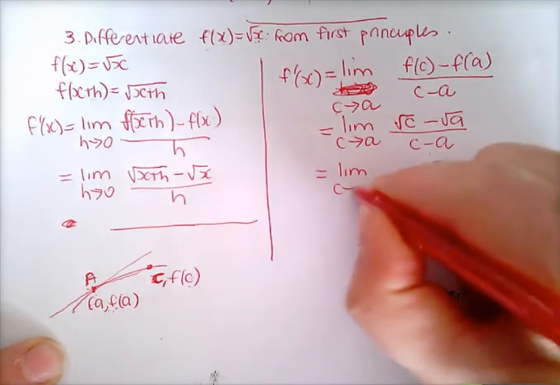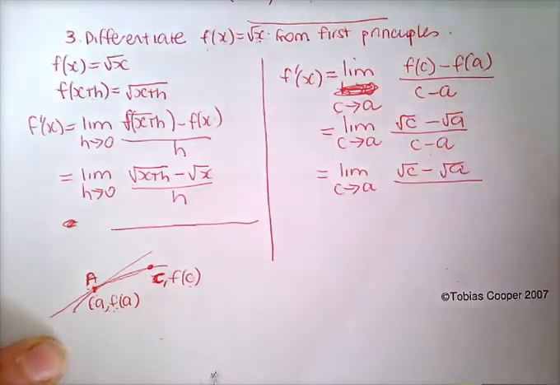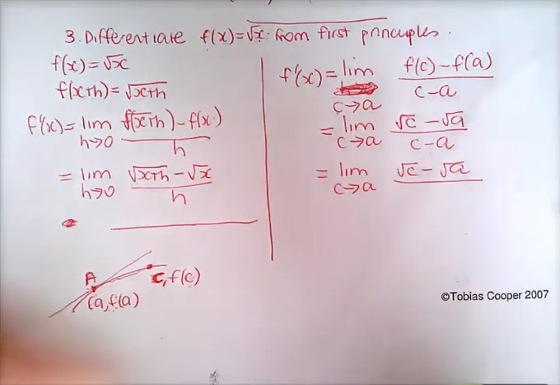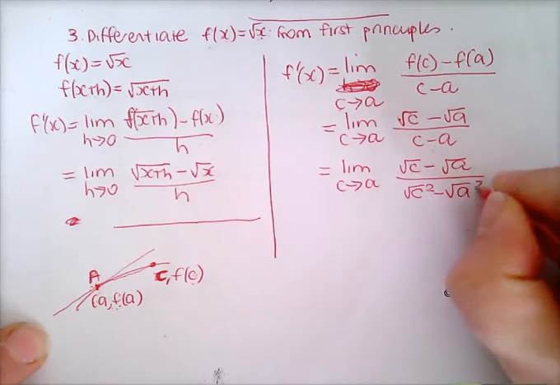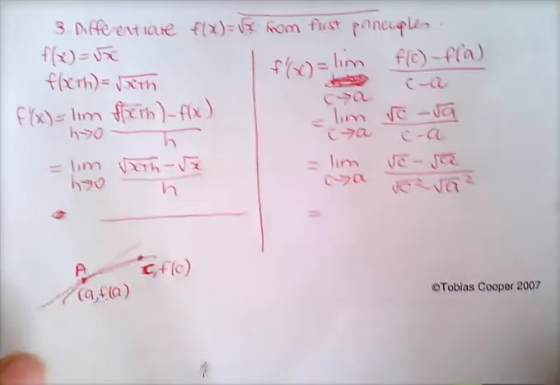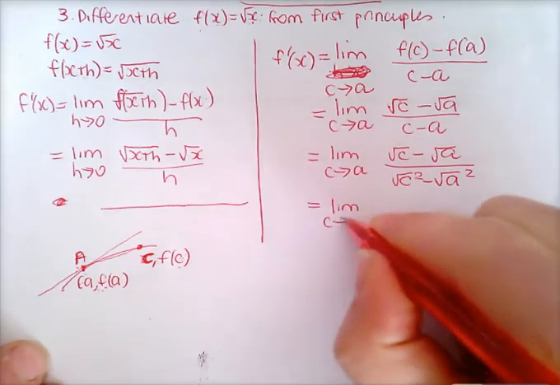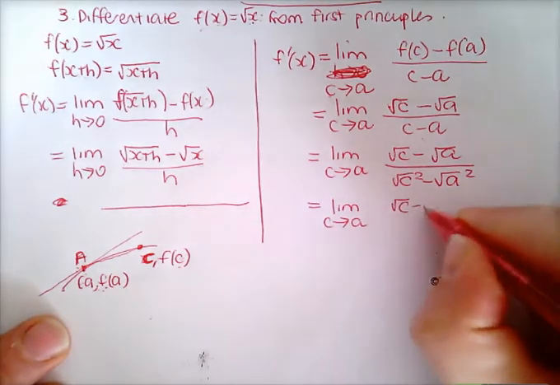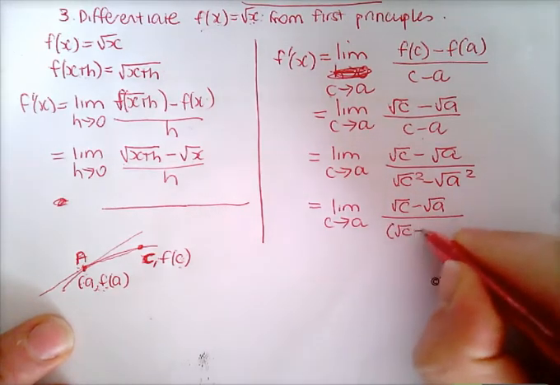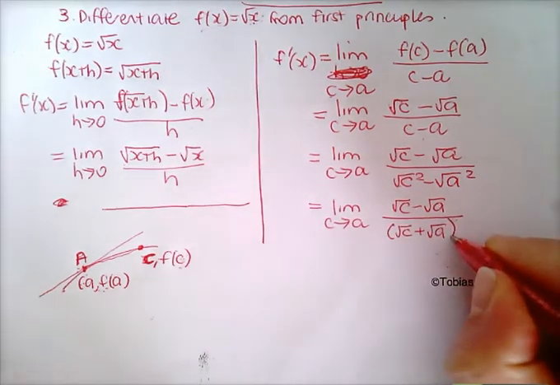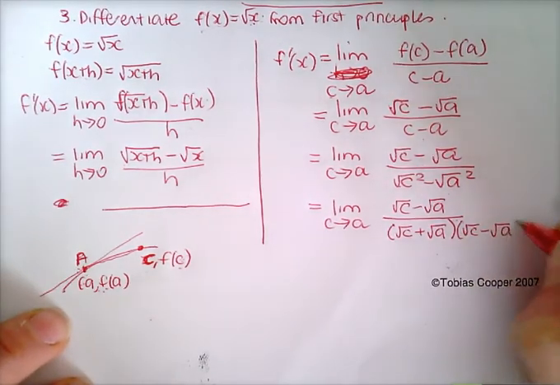Now what we can see is that the denominator can be written in terms of square roots, and it can be written as root c squared minus root a squared. Now this is written as a difference of 2 squares, so it's the limit as c approaches a of root c minus root a over, this being a squared minus b squared, which is a plus b times a minus b.